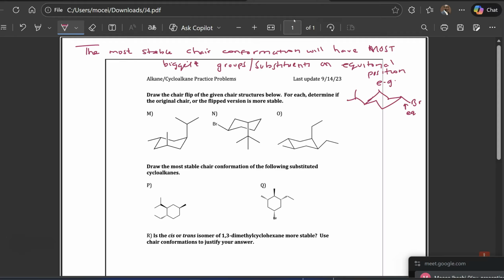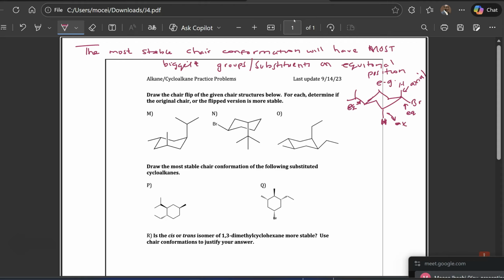This is equatorial, this is equatorial, and this hydrogen right here is axial, axial down. So that's the rule for the most stable. Here we can draw Newman projections, yes, but when you're talking chairs, you want the biggest groups on equatorial to avoid crowding in space. We call that 1-3 diaxial interactions.